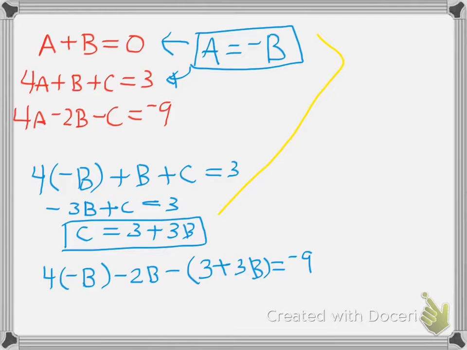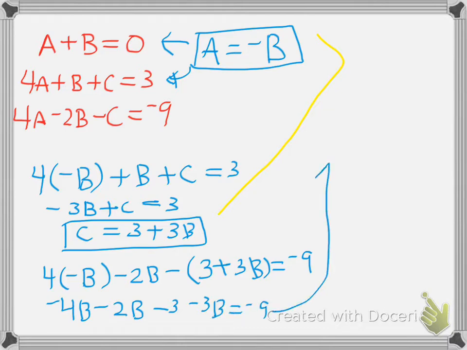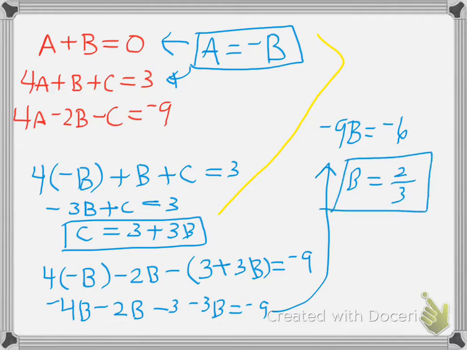And now our third equation is just in terms of one variable, which is nice. All right, so if we simplify this through, then we'll have negative 4b minus 2b minus 3 minus 3b equals negative 9. If you simplify that, you should actually end up with negative 9b equals negative 6. And so b is going to give us 2/3, which we already knew.